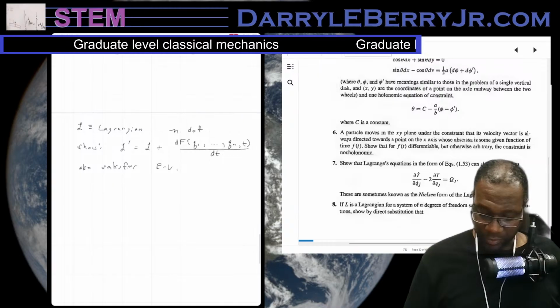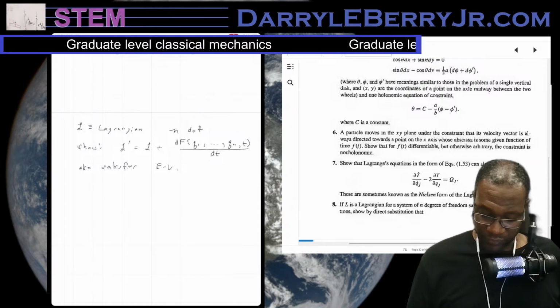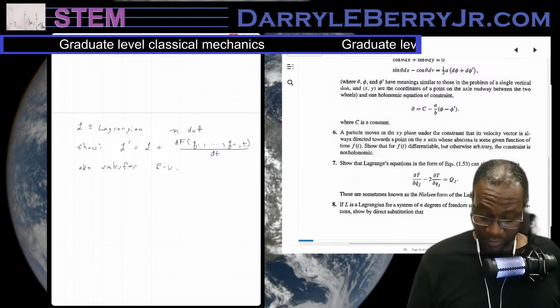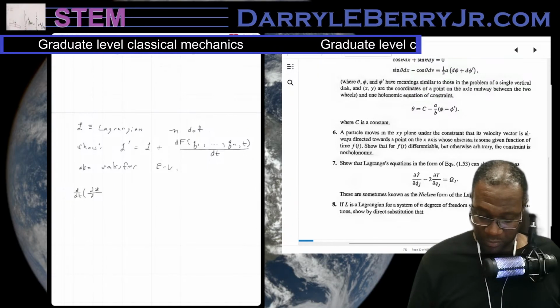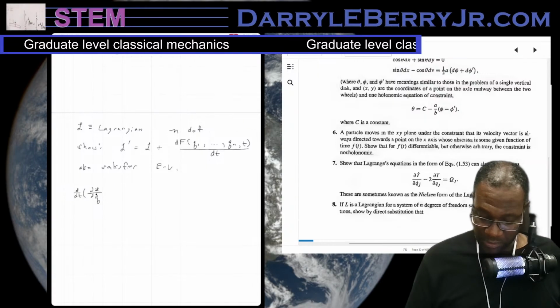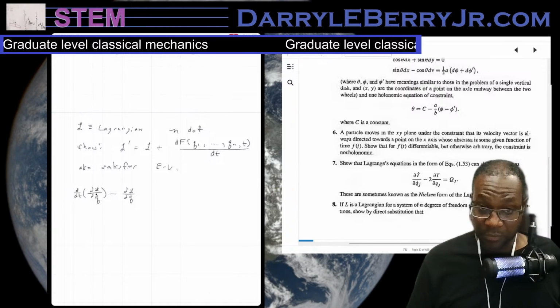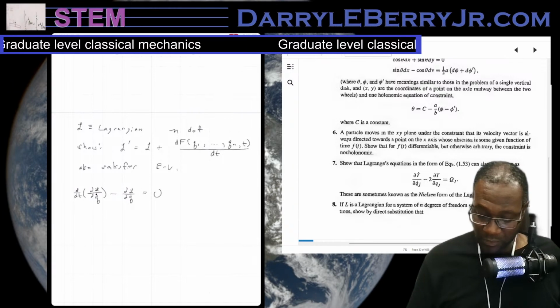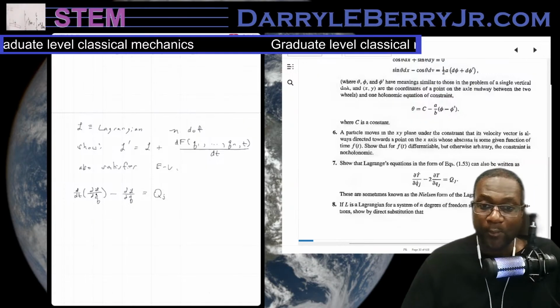So we know that the Lagrange equation is d over dt of partial L over partial q dot minus partial L over partial q equals zero.